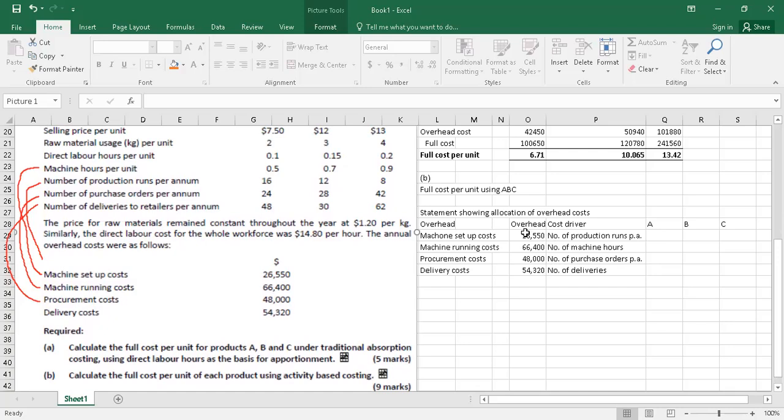This should be allocated based on the number of production runs per annum, which are 16, 12, and 8. So in this ratio it would be allocated, 16 is to 12 is to 8. So how do we calculate? 16 plus 12 is 28, plus 8 is 36. So 16 by 36 into 26,550.